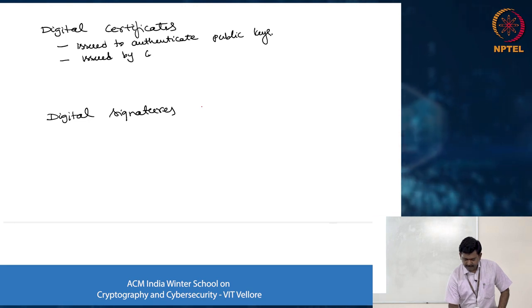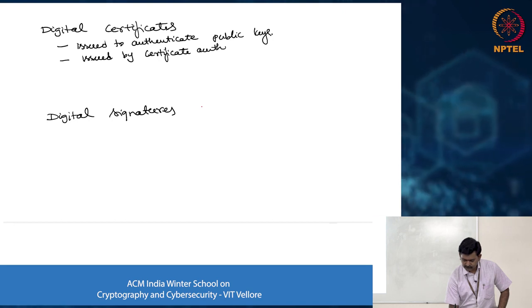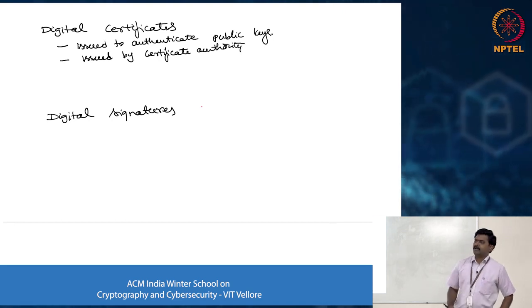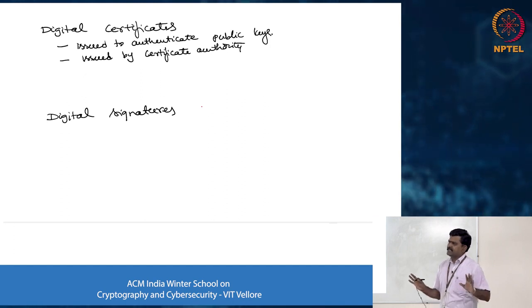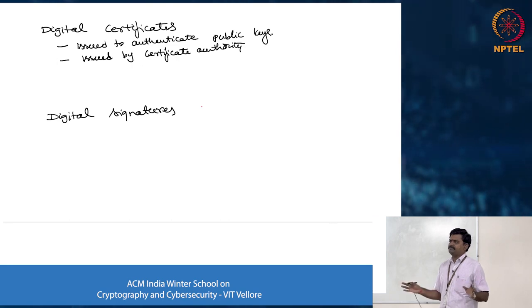Certificates are issued by a certificate authority. There are several commercial certificate authority providers that provide security certificates, right? When I say certificate, what it essentially is about is the public key.